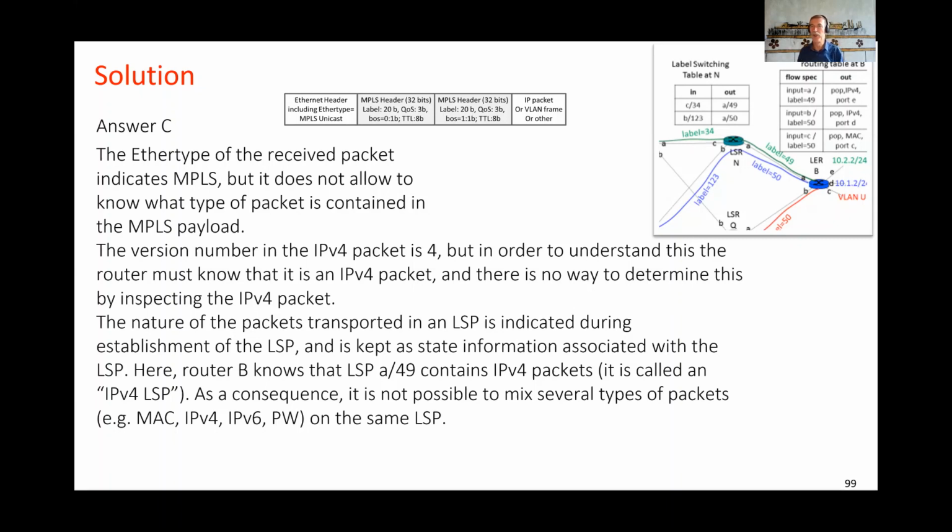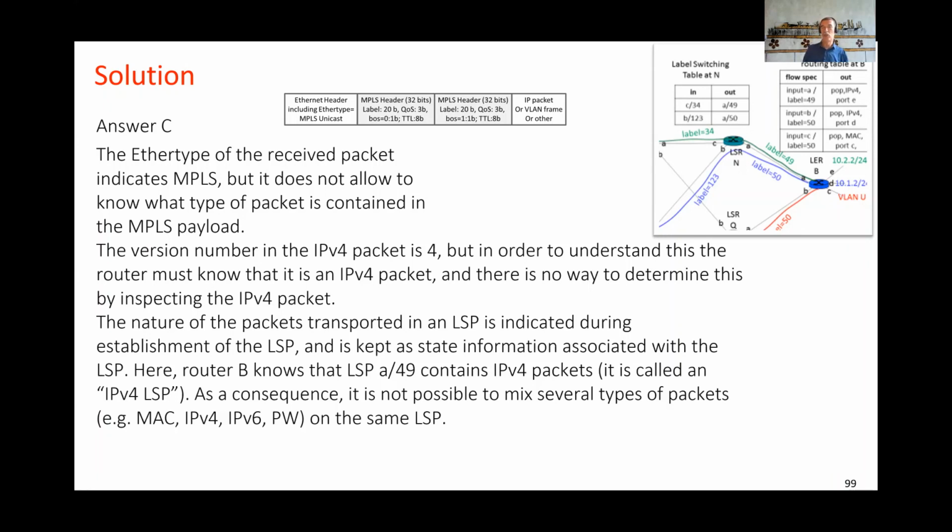But what will be used to know the type of the packet is the information that is stored in the MPLS table. So the nature of what is transported in an LSP is indicated when the LSP is set up, when the connection is built in the routers.